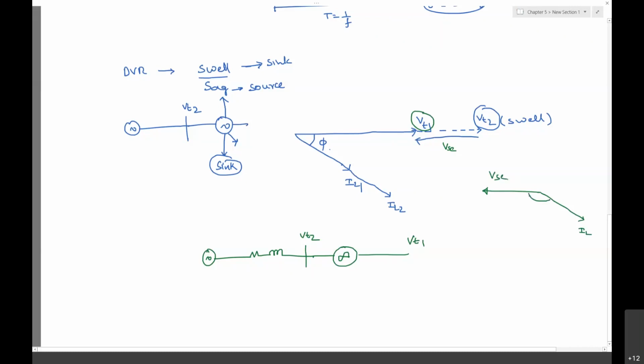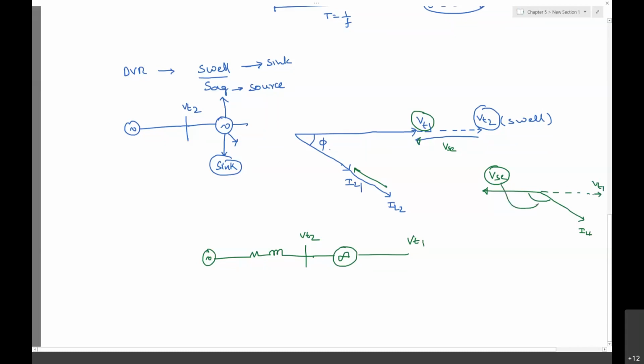Now we can understand from the phasor diagram in what way the power is going. Once you start injecting this voltage, we have reduced the current to this particular IL1. Still, with respect to the VSC voltage, the series active power filter voltage, the IL1 is over here. Then obviously, with respect to VT1, we can understand what the power injection will be.